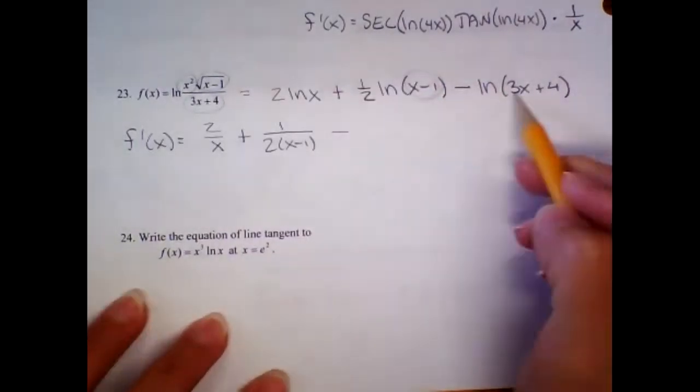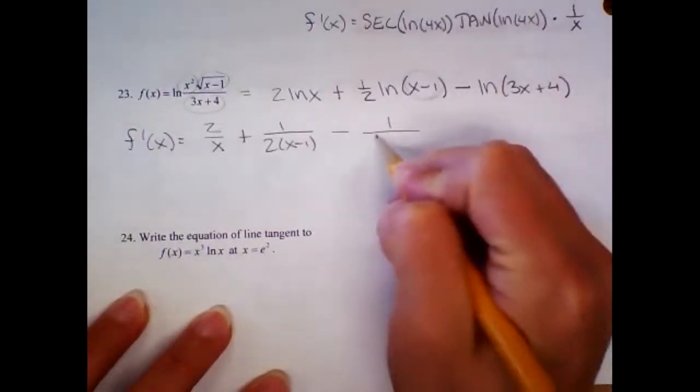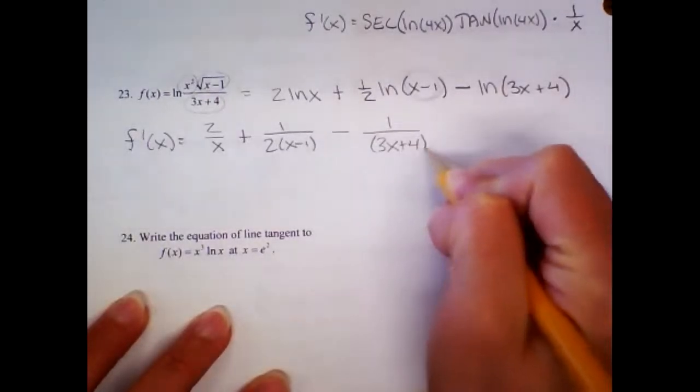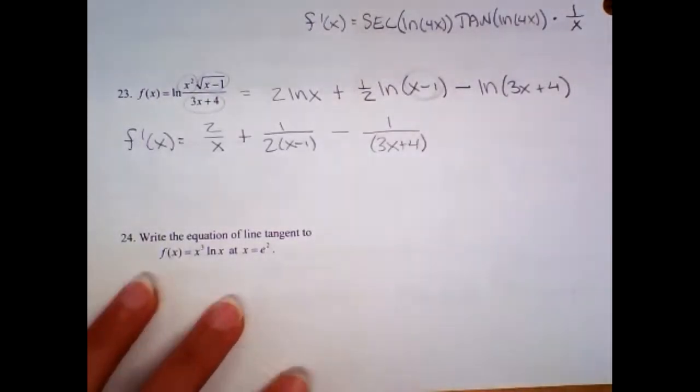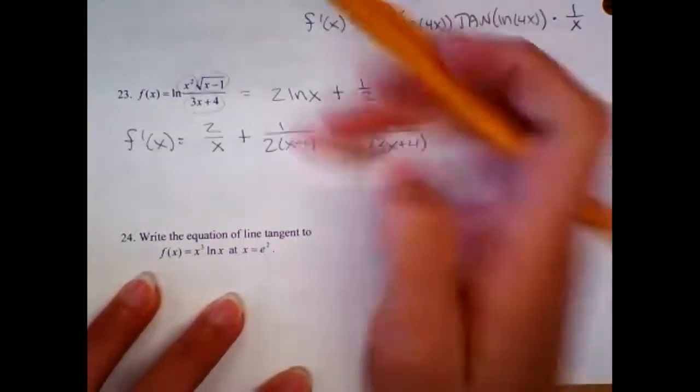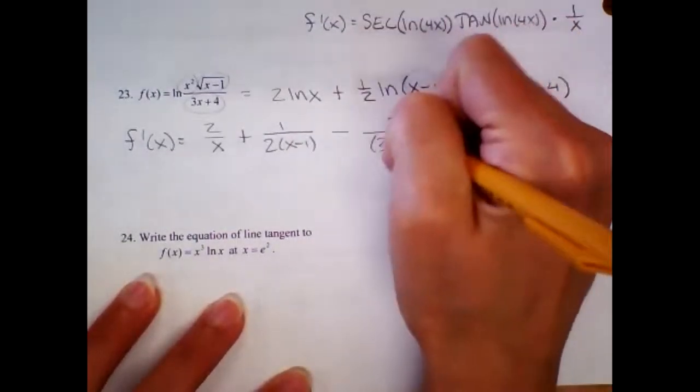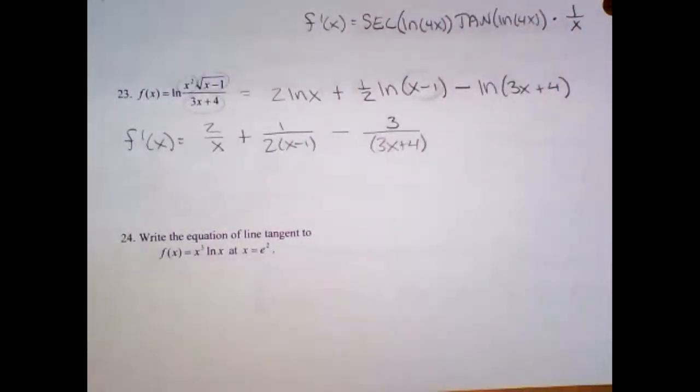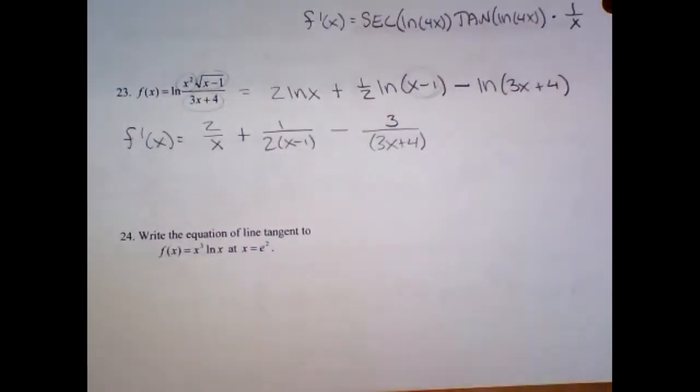And then minus, and then this would be 1 over 3x plus 4, and then you would chain on the derivative of 3x plus 4, which is 3, and I would just put it in the numerator. So if you make it 3 separate terms, then that makes that a little bit easier. It's a lot less scary.